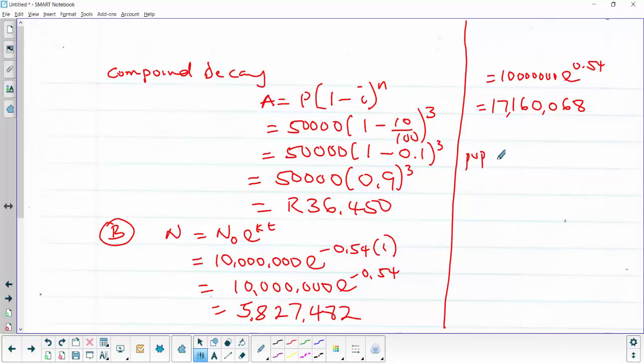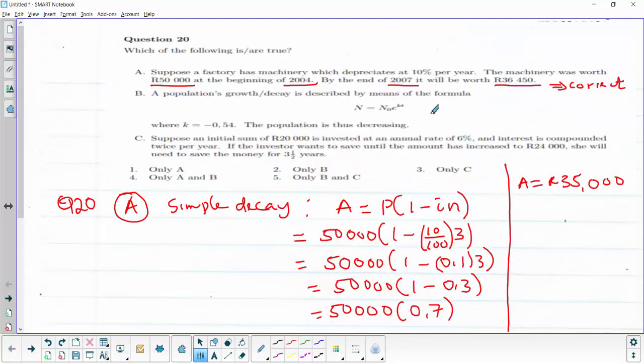So we can conclude that statement B is also correct.